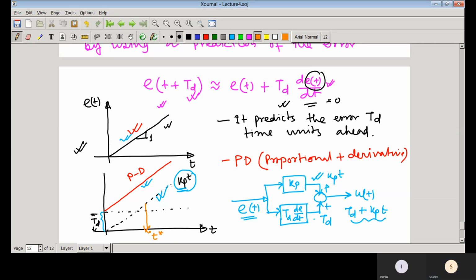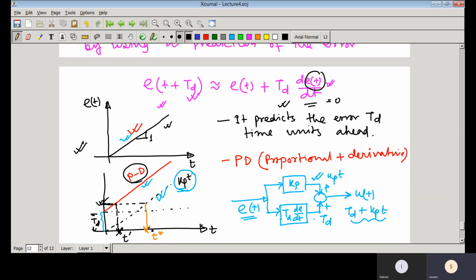At this particular time, if you use only proportional controller, your control input would be this much. But whenever you use PD controller, you can see that this much control input you are getting here at this particular instant, say t dash.